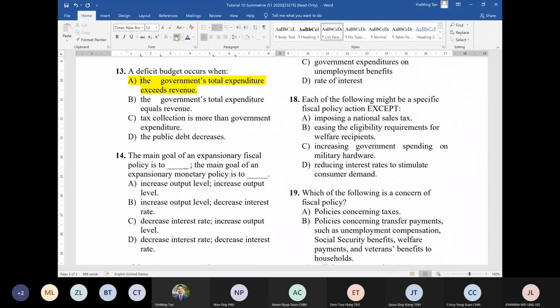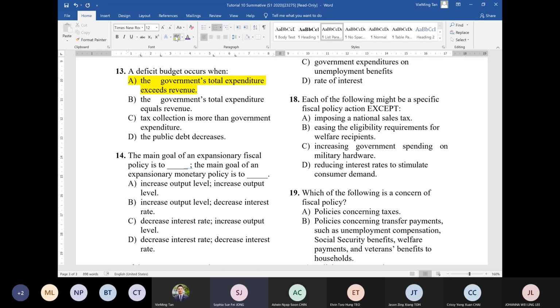Nelly not here just now, right? Okay, then we'll move on to Sophia. Sophia, number 14. Sir? Yes. I thought question 14 we discuss next session.